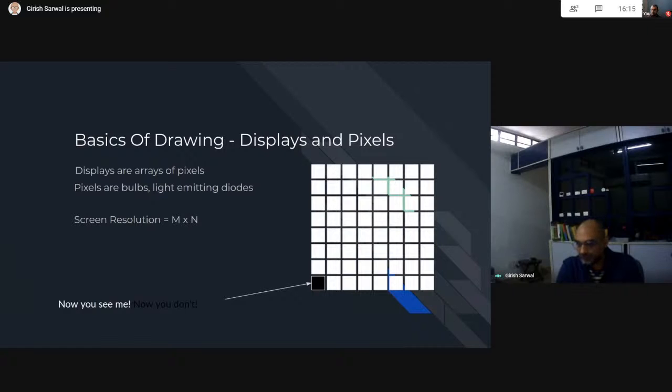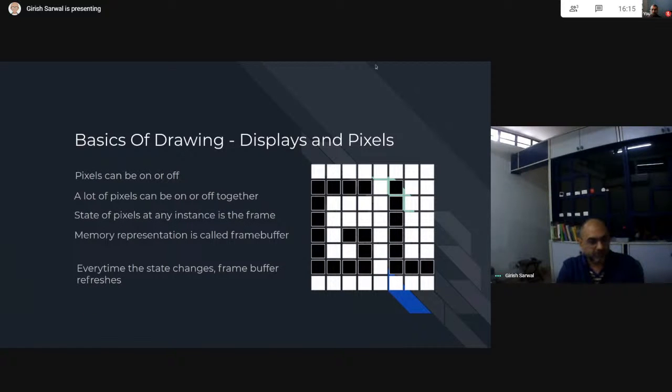So let's figure out how, now that we understand the theory behind a display. A display is just an array of bulbs and we turn them on or off. And then let's figure out how these displays are used to show images. So here is a small display. Bear with me, it might take a minute to come up.